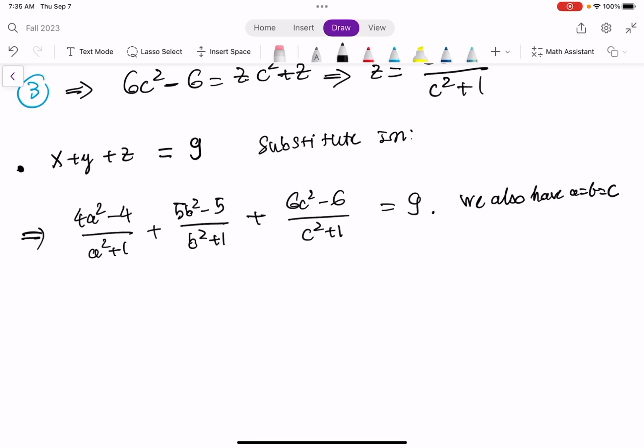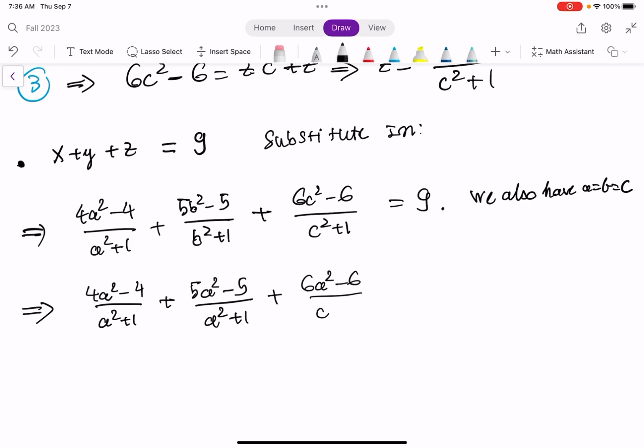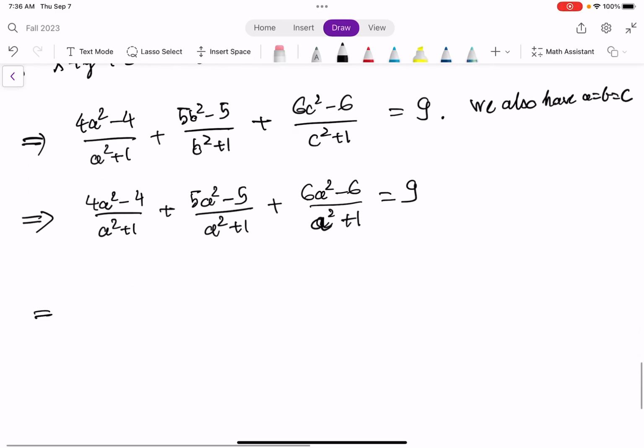Okay, so you will have (4a squared minus 4) over (a squared plus 1) plus (5a squared minus 5) over (a squared plus 1) plus (6a squared minus 6) over (a squared plus 1) equals 9. Okay, and a squared plus 1 is going to be our common denominator.